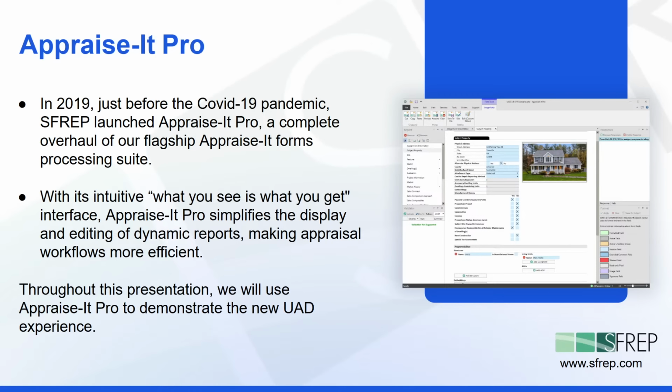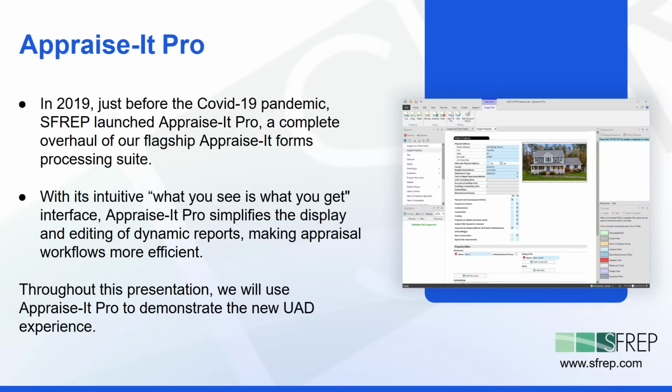That's the 3.6 version of it. All of the photos and attachments and addenda, like exhibits that you put into the report, will be in there as well. And there'll be a PDF of the report. So you can think of the MISMO XML file as being the computer readable version of the report, and then the PDF is the human readable version of the report.